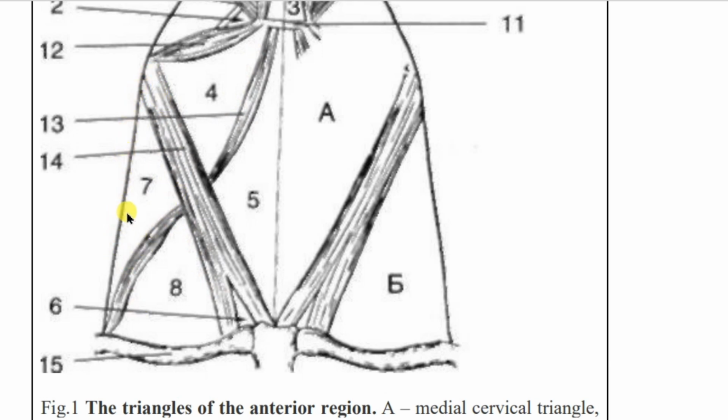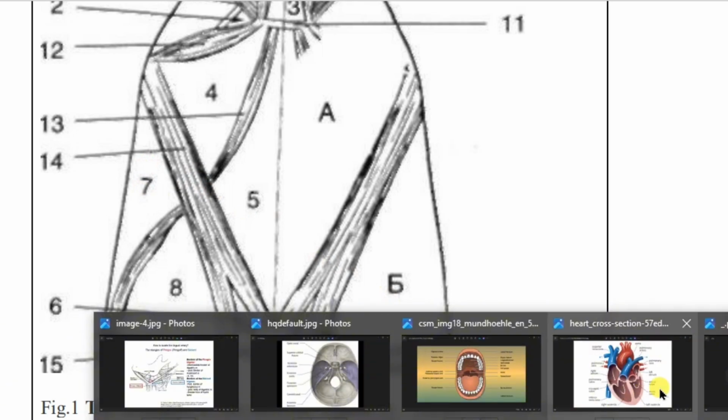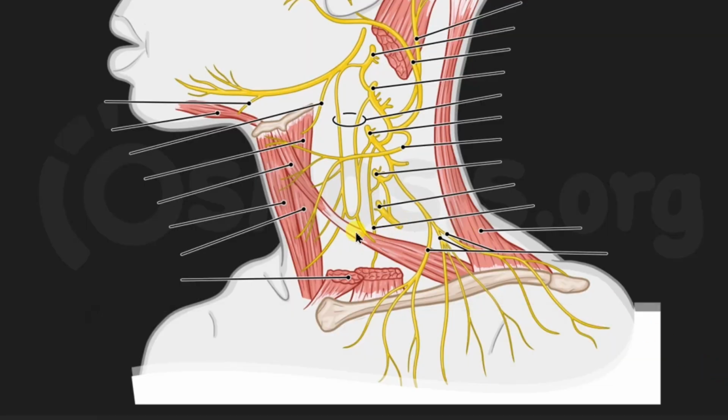So omotrapezoid triangle, right? You have to find the cervical plexus. As we already discussed our omotrapezoid triangle, let's see what the cervical plexus in it is.